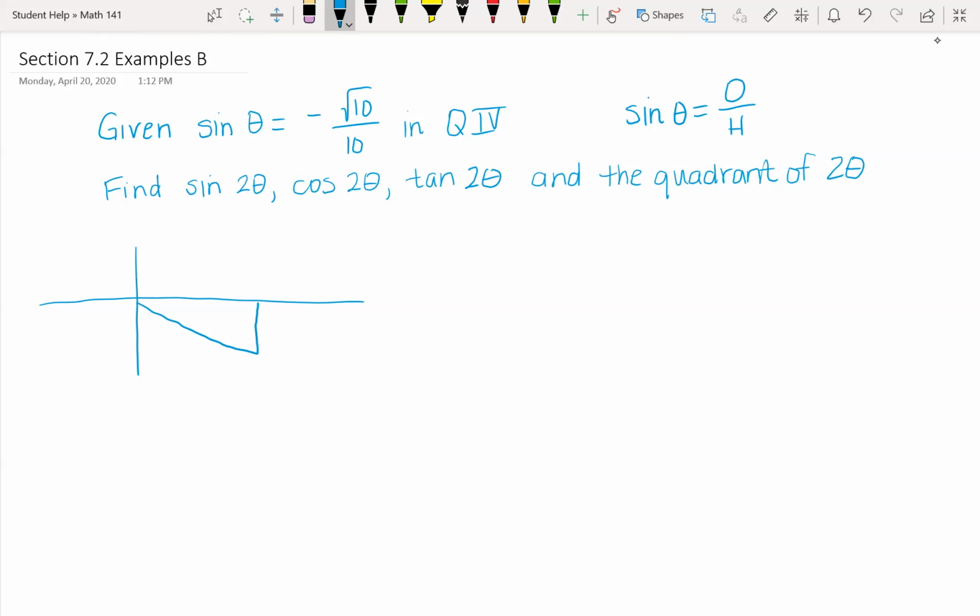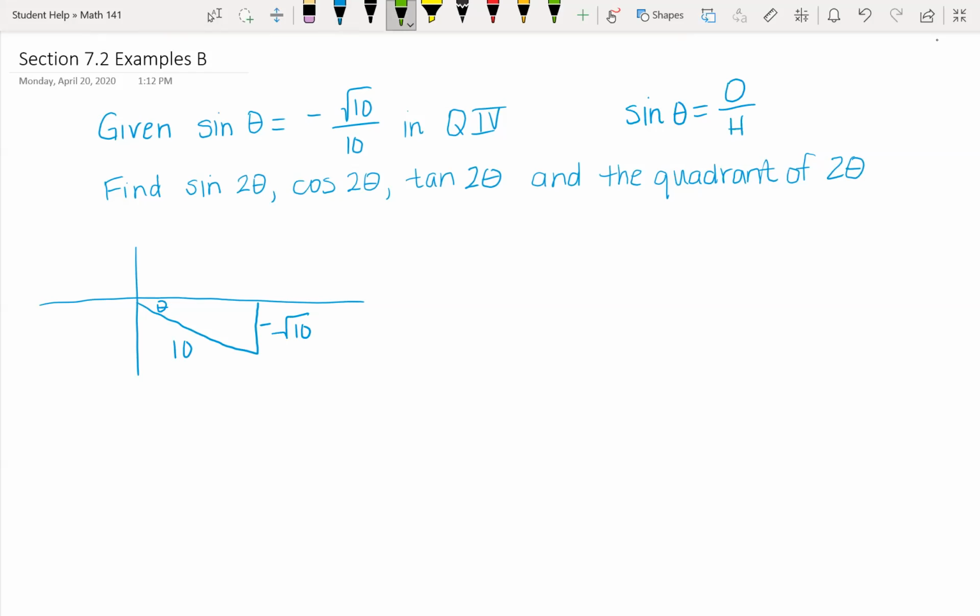So looking at the fraction, we've got a square root 10 in the numerator, so that square root 10 is going to go here, and the 10 is going to go here for the hypotenuse. The hypotenuse is never negative, so we'll put the negative sign in front of the square root 10.